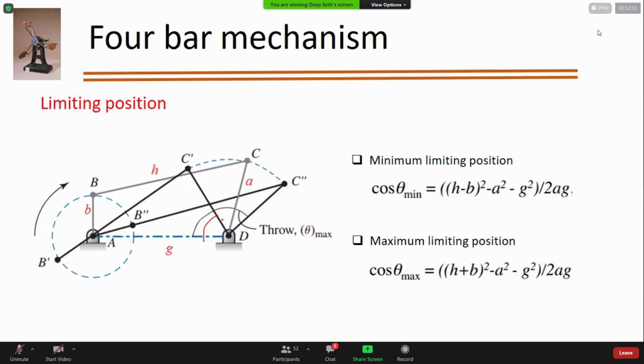So cos theta min you can find from here: (H minus B) square minus A square minus G square divided by 2AG. Similarly, you can find the maximum angle, which is over here in full extension: cos theta max equals (H plus B) square minus A square minus G square by 2AG. So this is how you can find the minimum and maximum limiting positions for your follower link.